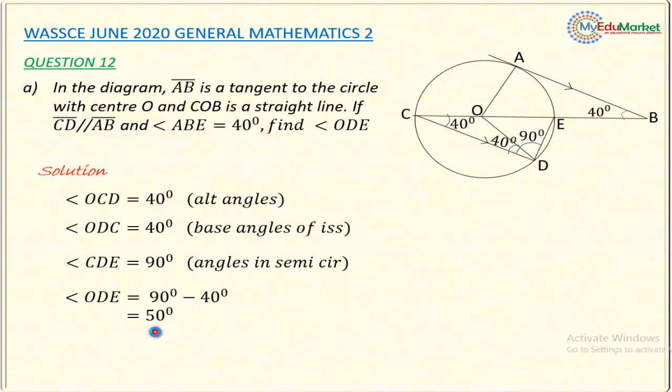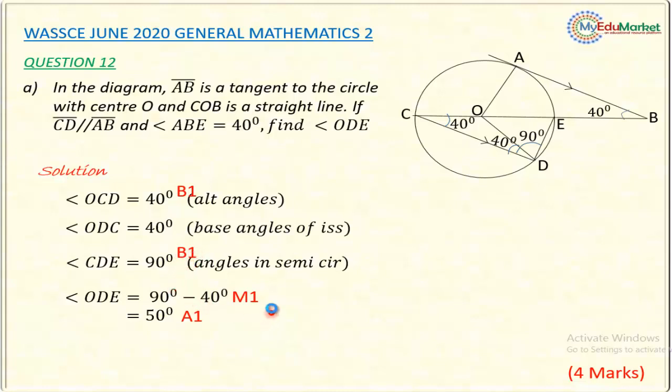So let's see the mark distribution for this question according to the official WAEC marking scheme. The first mark is the bonus mark for getting 40 degrees at angle OCD. Where you have it, you have bonus 1 mark. The next mark is for getting 90 degrees as angle CDE using angle in a semicircle, so you have bonus 1 mark.